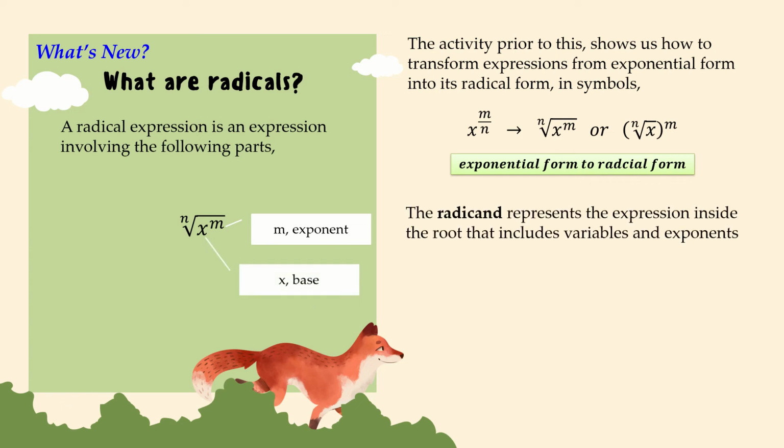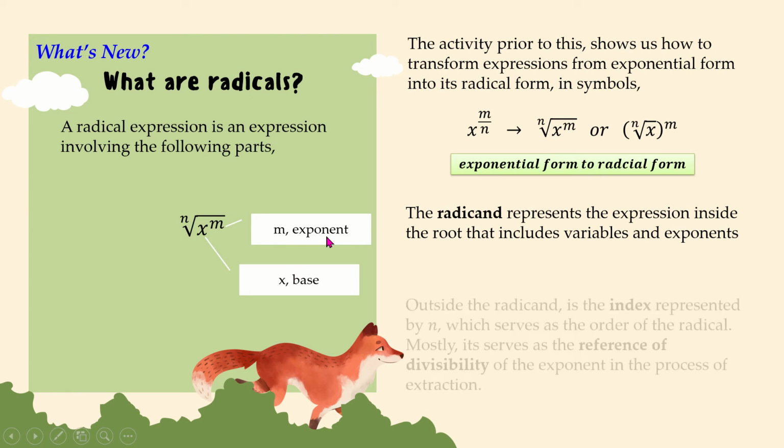So the base of the exponent represents the radicand. The radicand represents the expression inside the root or square root symbol that includes variables and exponents. So the base can be a variable or a number, while the exponent is obviously a number.